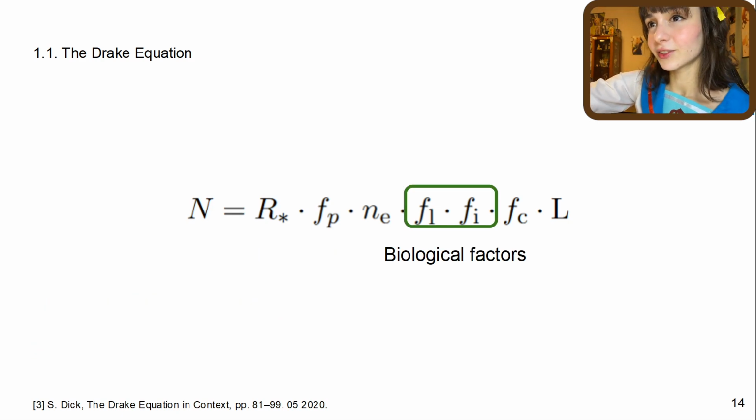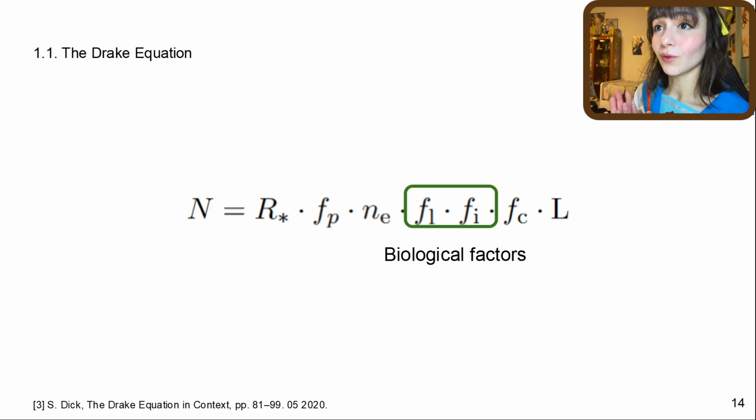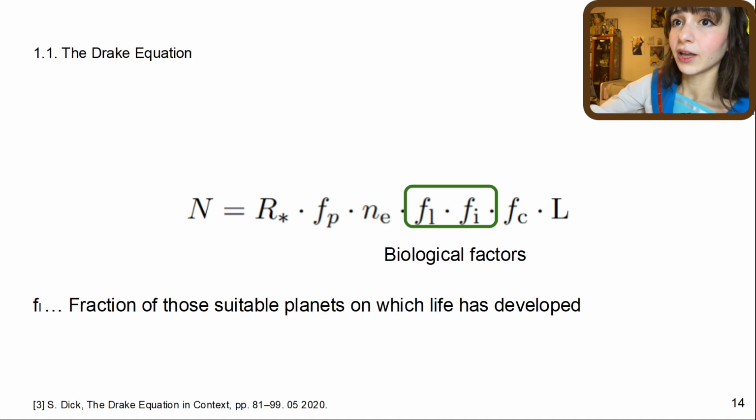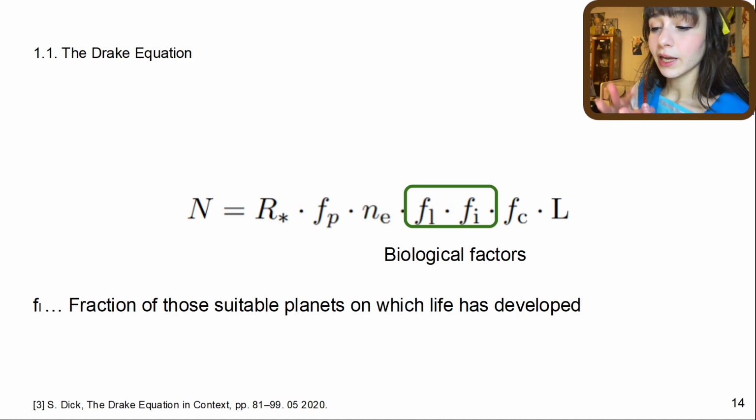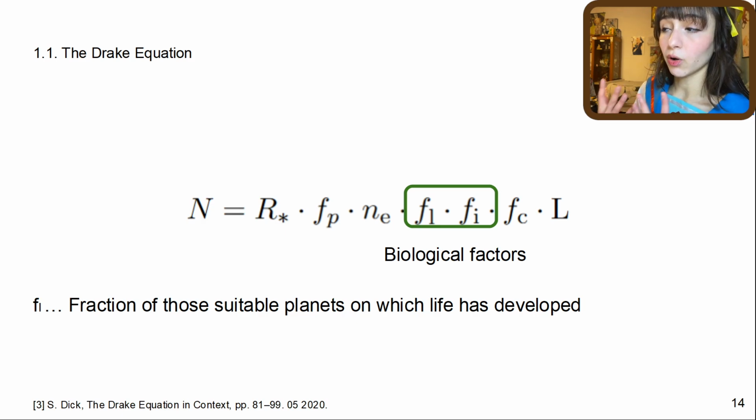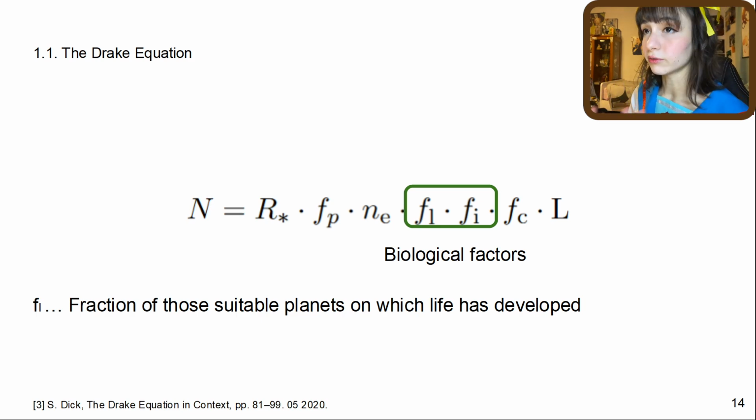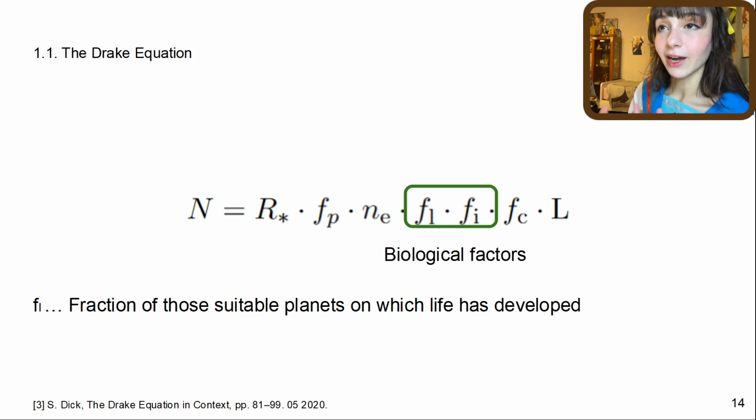The next factors that he discussed are the biological factors. So first off, on which of these planets that are suitable for life has life actually developed? Because even if a planet is in the Goldilocks zone and life could in theory develop there, we don't know if life actually developed there.